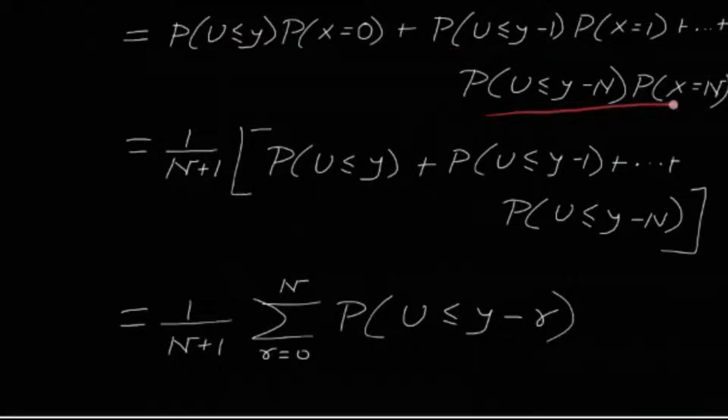These probabilities are all 1 by n plus 1, so taking it common, we have 1 by n plus 1 times probability U less than or equal to y, plus probability U less than or equal to y minus 1, and so on, up to probability U less than or equal to y minus n. So we can write this in a compact form as 1 by n plus 1 times the summation over r running from 0 to n of probability U less than or equal to y minus r.